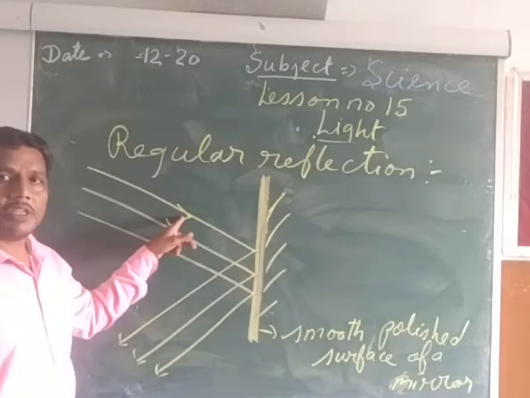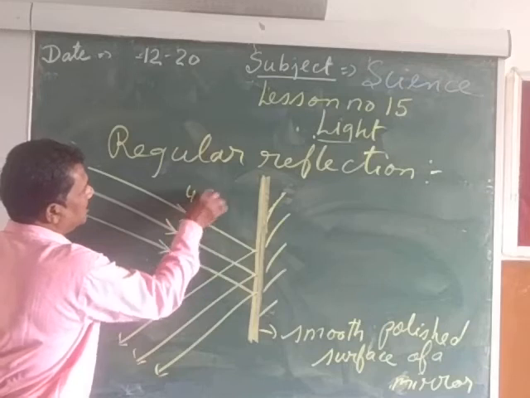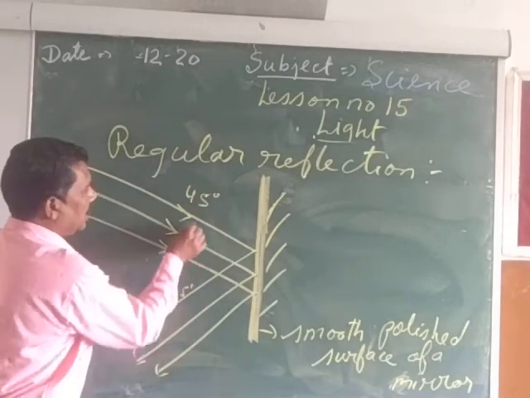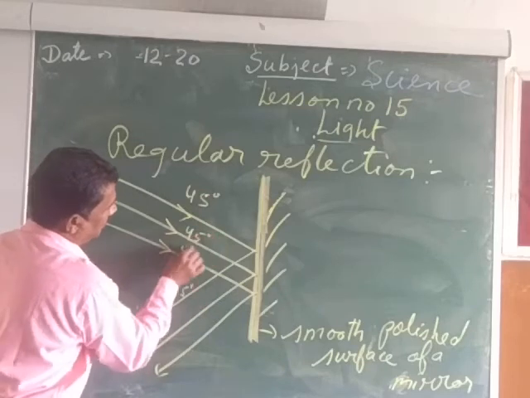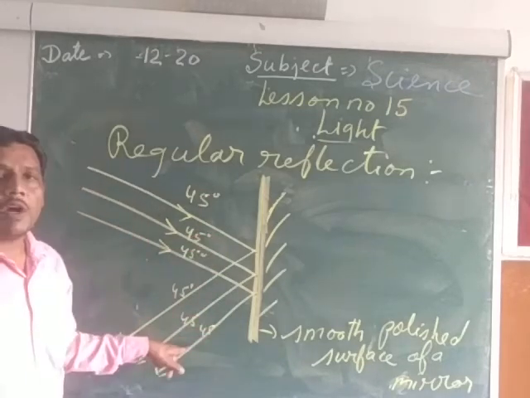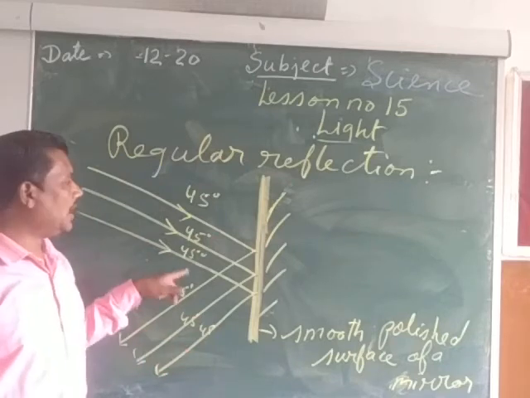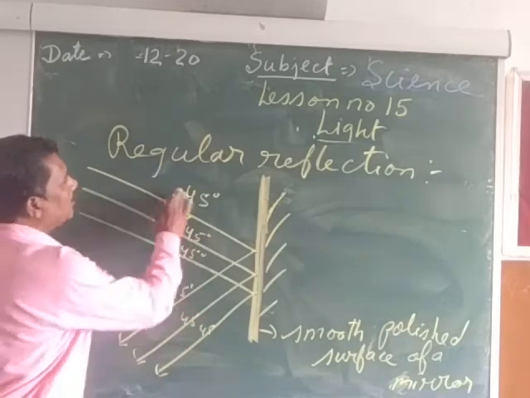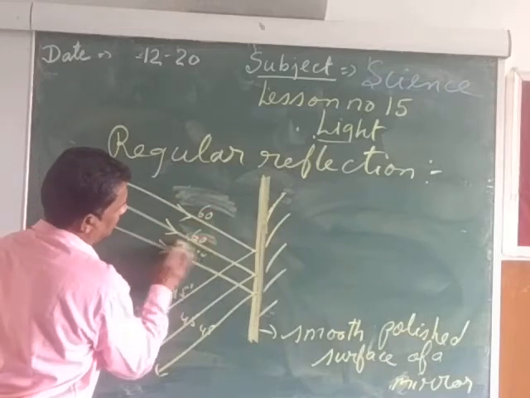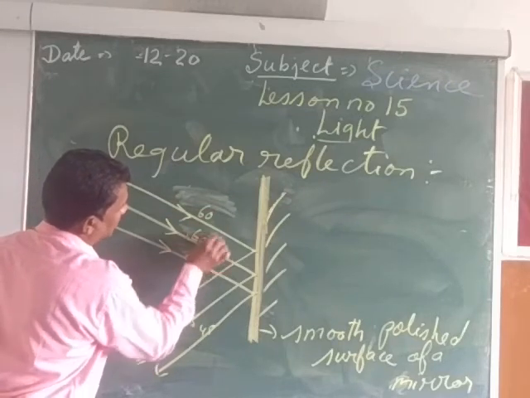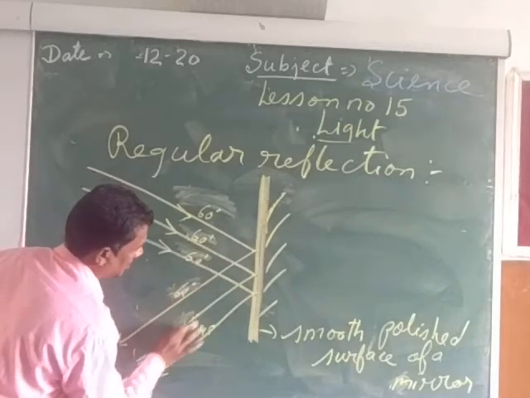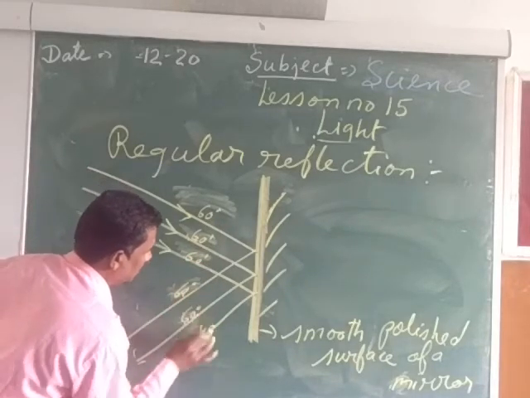Suppose the light is falling at an angle of 45 degrees, then the light will go back at an angle of 45 degrees. Suppose the light is falling at an angle of 60 degrees, then it will go back at an angle of 60 degrees.